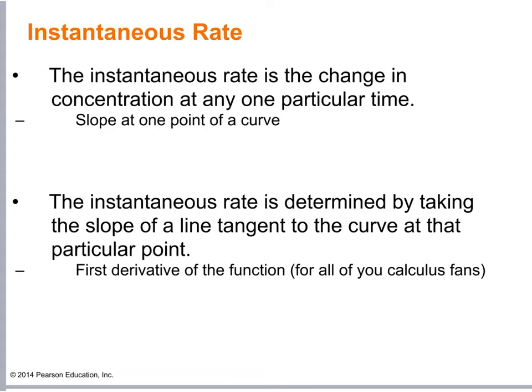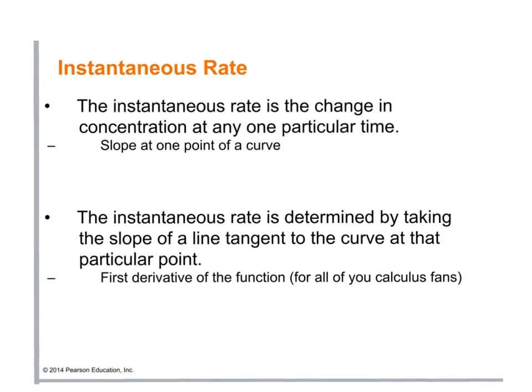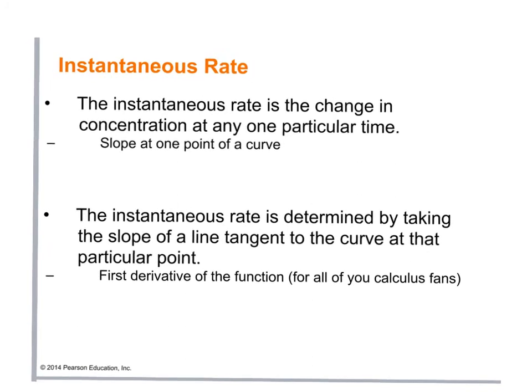The instantaneous rate, on the other hand, is the change in concentration at any particular point in time. So it's the slope at the point on the curve. The instantaneous rate is determined by taking the slope of the line tangent to the curve at that particular point.